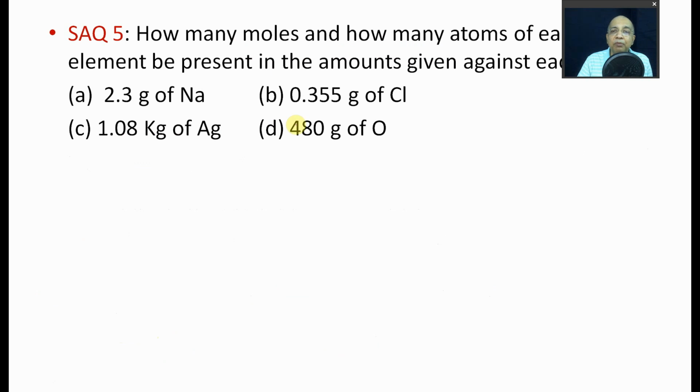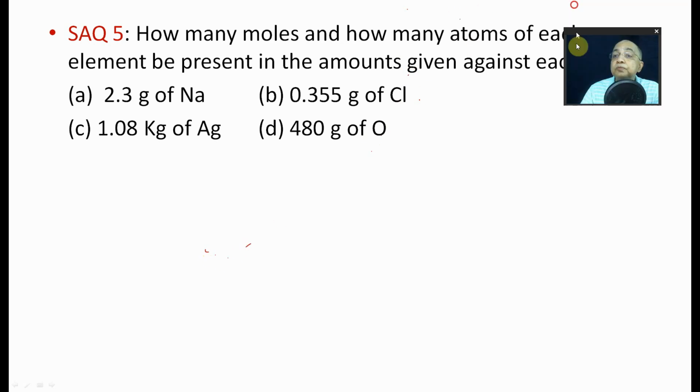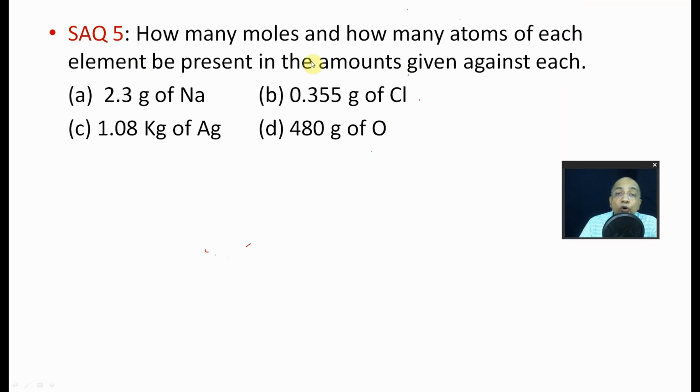Similarly, we have another question which I will do here with you, and you will be asked to do at home for practice, right? How many moles and how many atoms of each element, oh no, the same one I thought of.